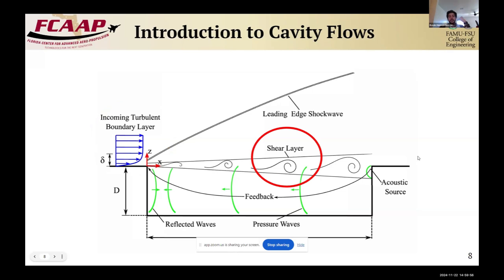And now as that shear layer moves down the cavity, eventually it's going to hit the rear wall. And at this point, we get what we call the acoustic source, where this shear layer hits, and that flow inside is going to create a feedback loop that goes back and forth, and we get these acoustic tones that are created.